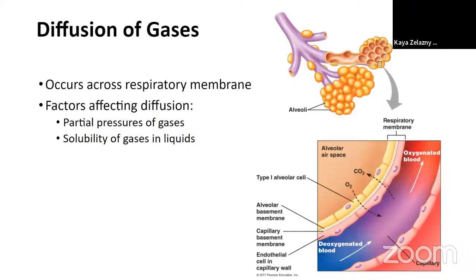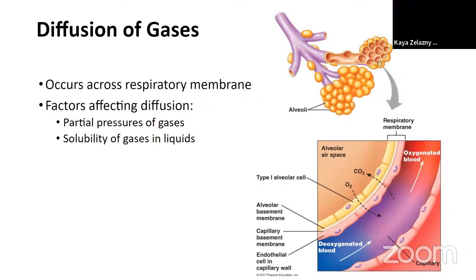So when we're thinking about how gas moves across the respiratory membrane, we want to think about something called the partial pressure of the gas. And the partial pressure of the gas is not the same as the moles of gas, not the same as the exact amount of gas, but it is going to be something that we use to measure the gases in our lungs, in the air, as well as in the blood.